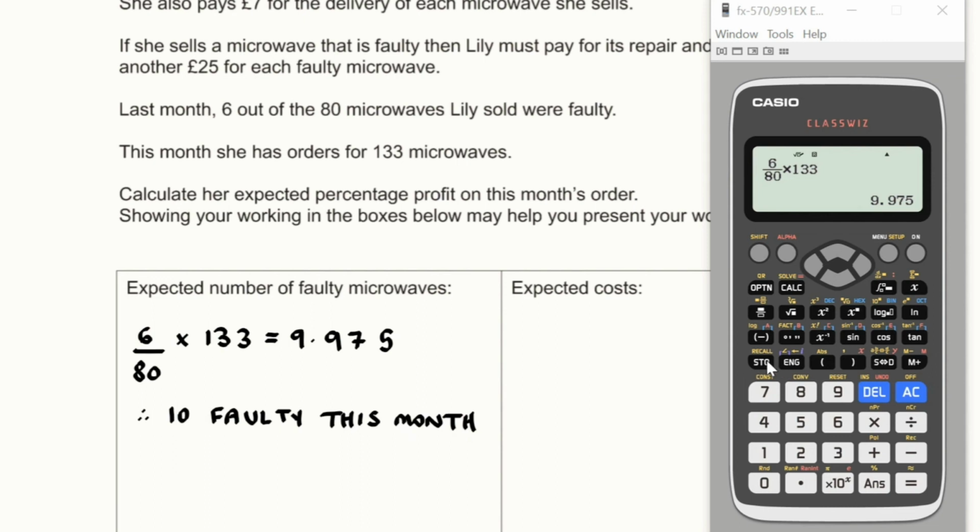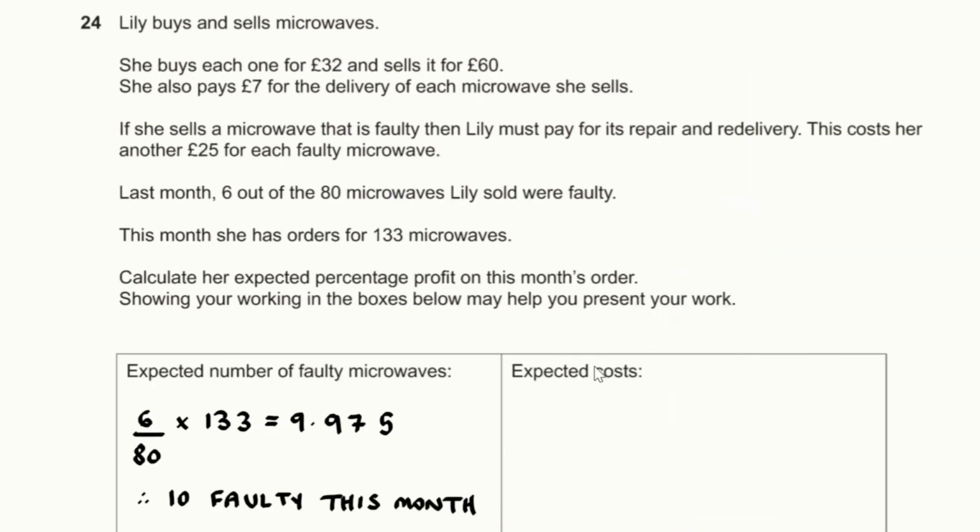So what will the expected costs be? For the expected costs, she's ordering 133 microwaves. She buys each one for £32, and she's also paying £7 for the delivery.